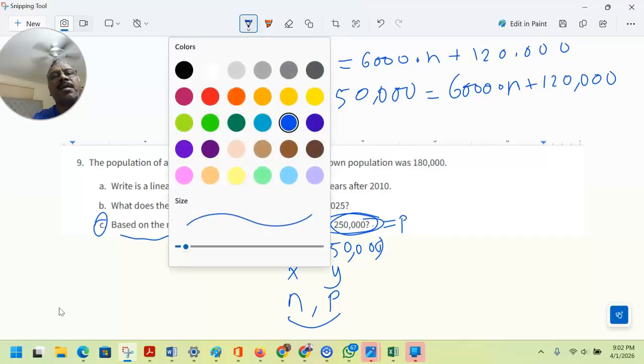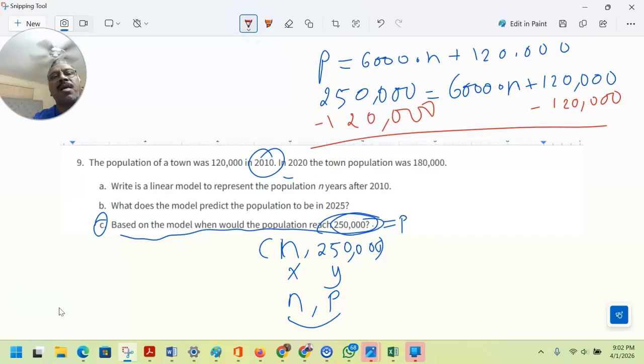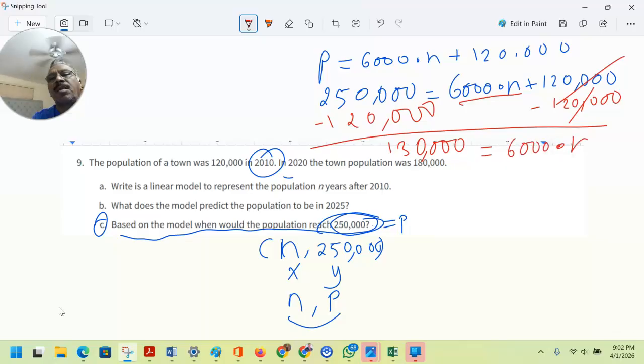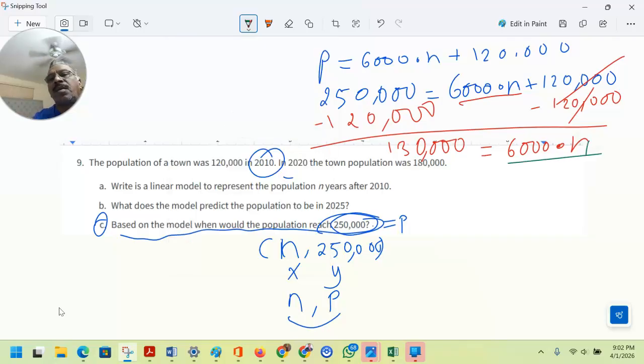So you have to subtract 120,000 on this side. You also subtract 120,000 on this side. And then put a line, cross out this, and this will become 130,000. And this drops down, 6,000 times N. Then solve for N, means divide by 6,000.